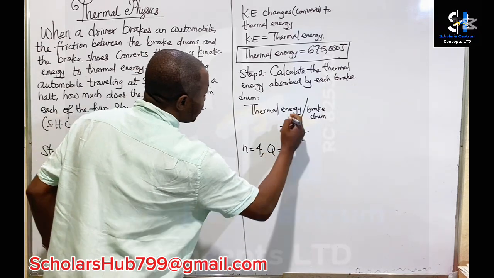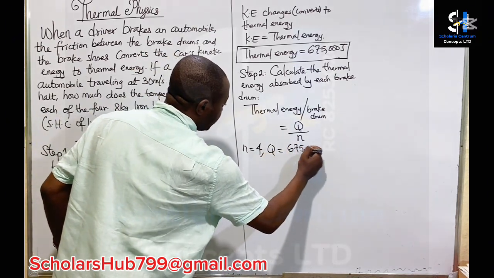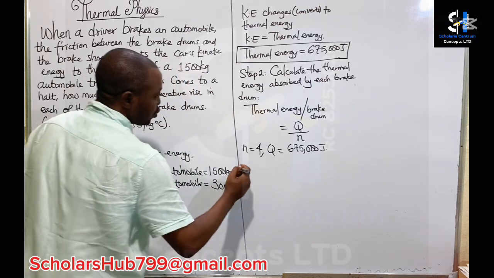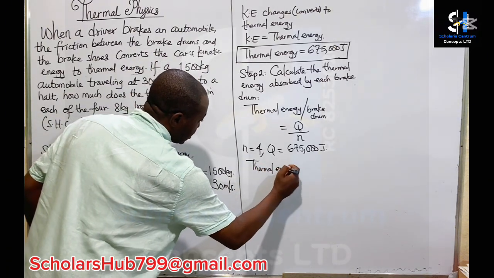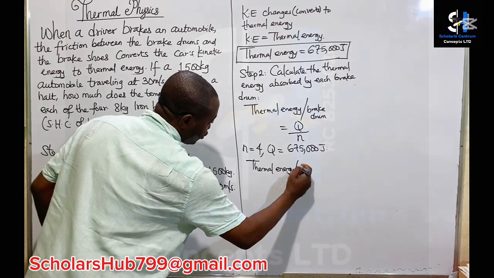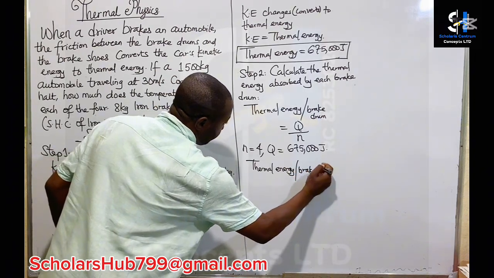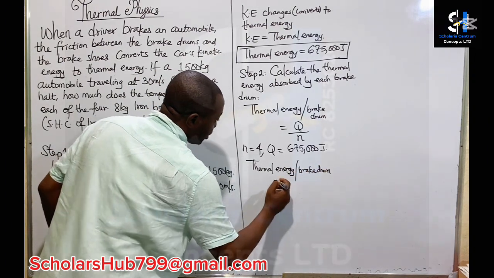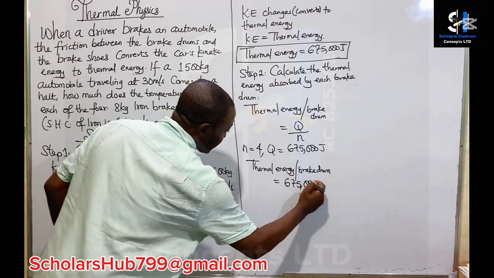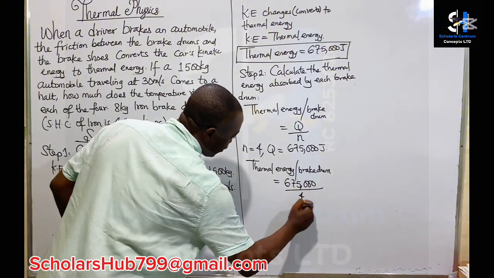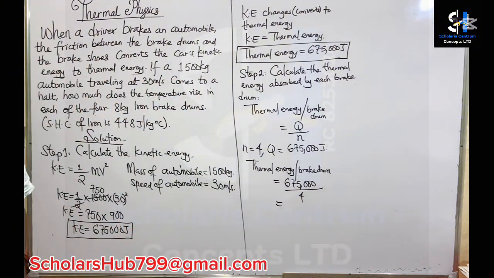We know that Q is 675,000 joules. So the thermal energy per brake drum will be 675,000 over 4.